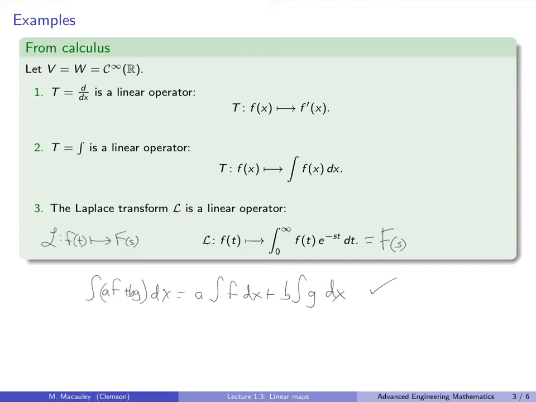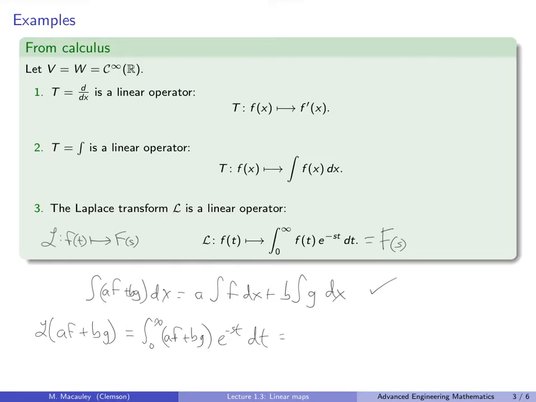And why is the Laplace transform linear? Well, the Laplace transform is just an integral. So let's check for practice. The Laplace transform of af plus bg. This is a function of t, though I don't really need to write that. This is the integral from 0 to infinity of af plus bg times e to the minus st dt.